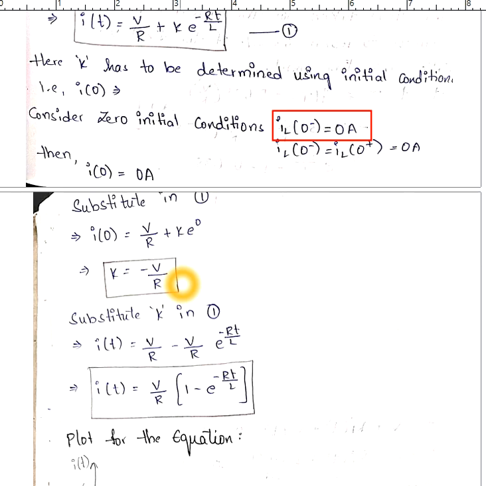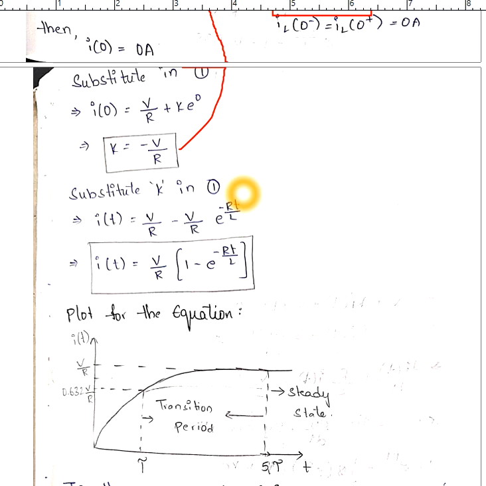Then when you substitute that constant back in our equation, what do you get? You will get the exact current response in series RL circuit.